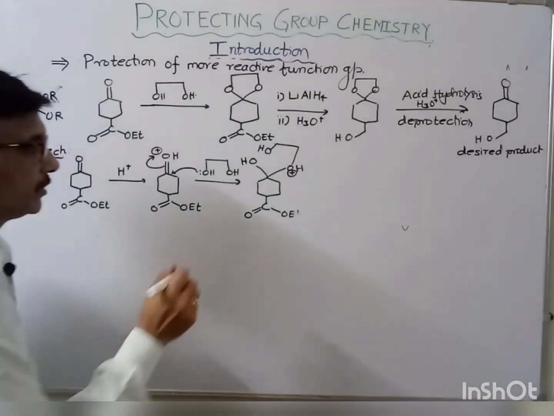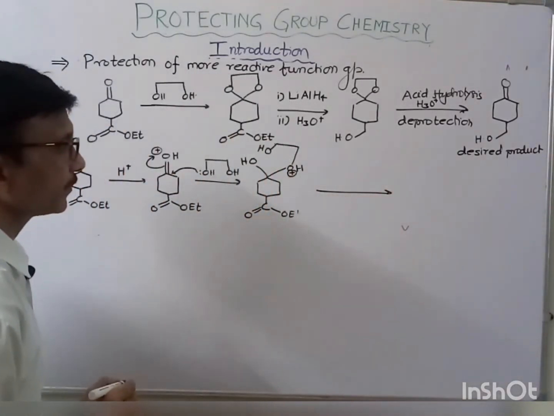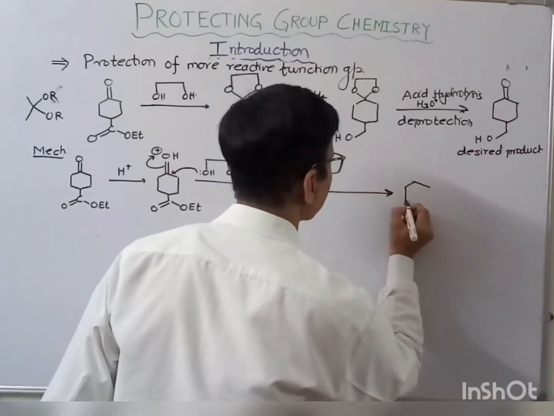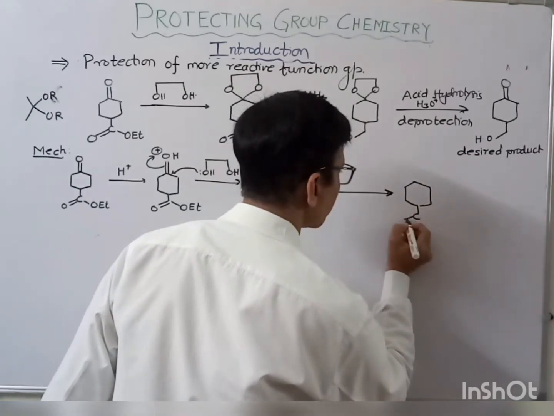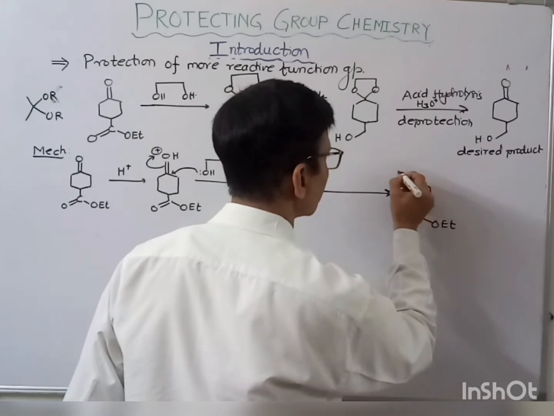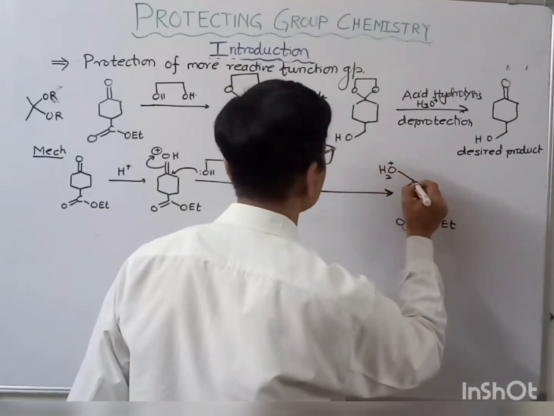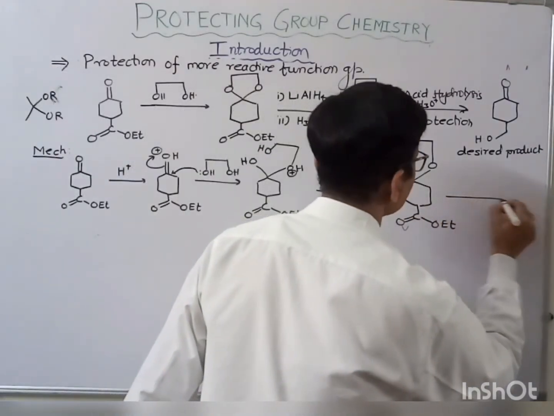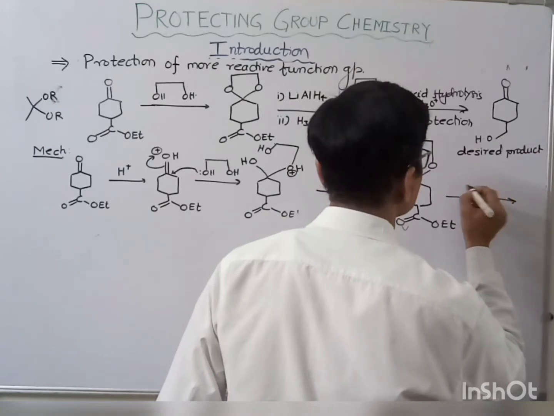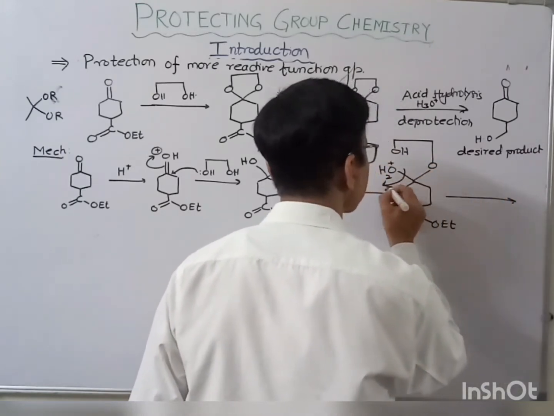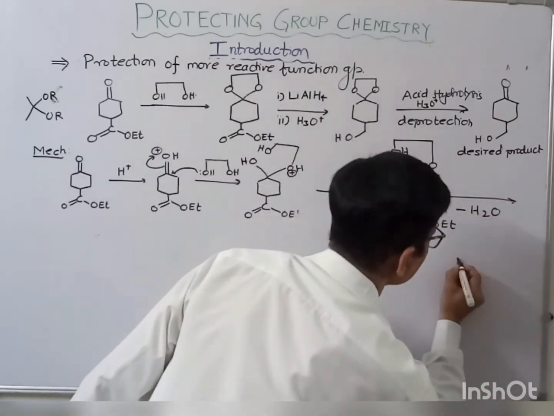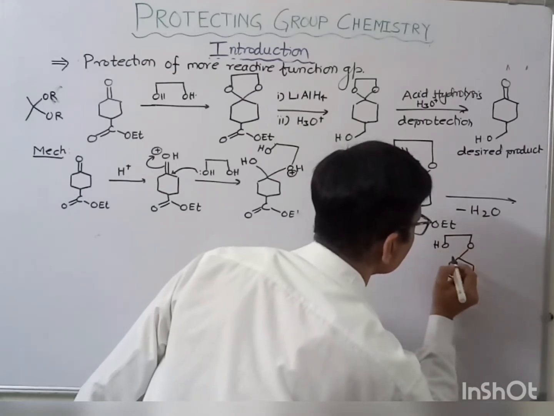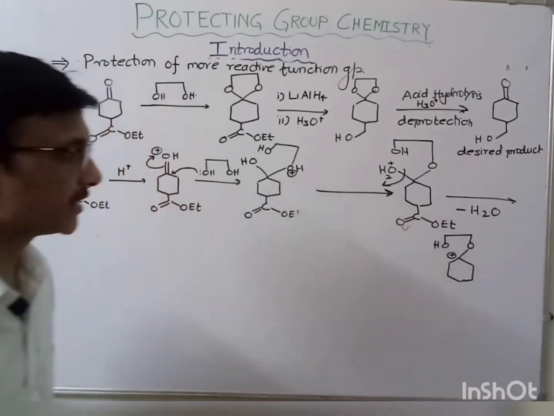In the next step, H2O, being a leaving group, will leave out, and a positive center would be generated.